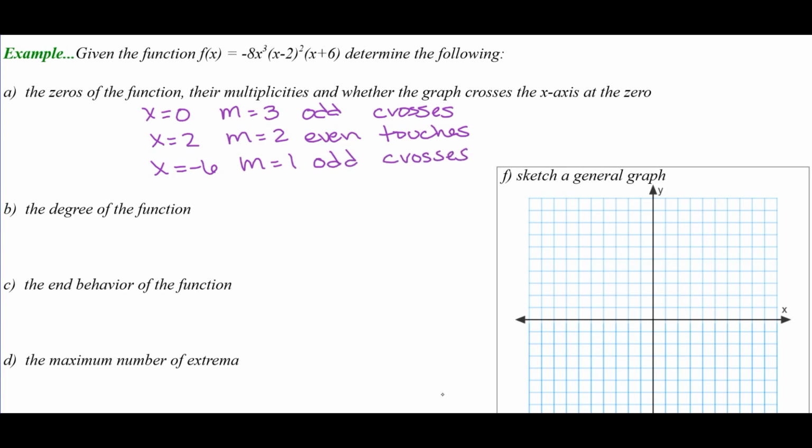The degree of my polynomial is the sum of my multiplicities, so we've got 3 plus 2 plus 1, which gives me 6. So my degree is 6, which is even, which tells me that my end behaviors are going in the same direction. And my leading coefficient is negative 8, which is negative, so that means the right side goes down.